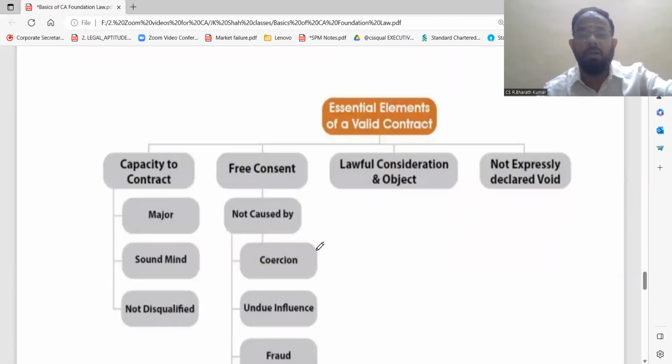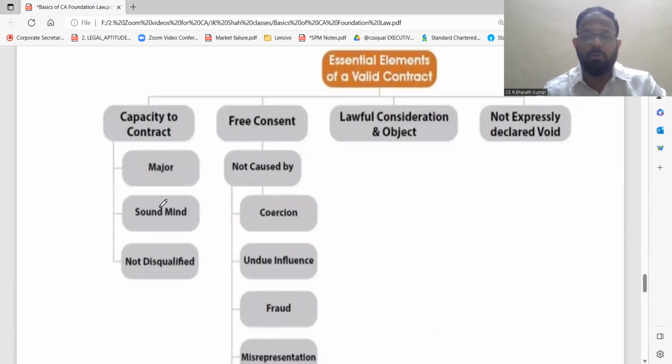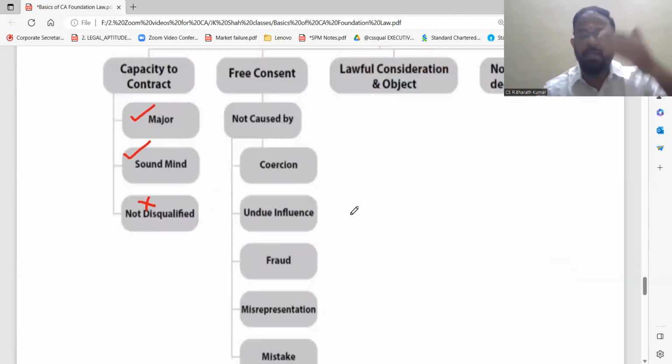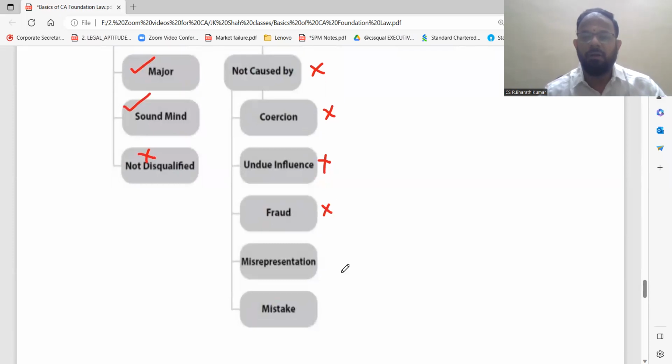Essential elements, we have already told you: capacity to contract, you should be a major, you should be of sound mind, you should not be disqualified. And free consent, I was talking about consensus ad idem. When free consent is not there, it will all be negative, saying it can be coercion, undue influence, fraud, misrepresentation, and mistake.